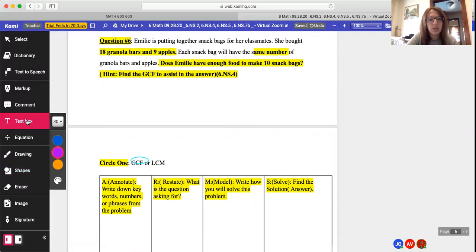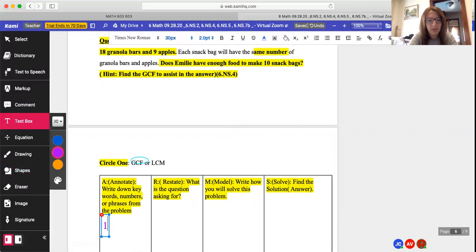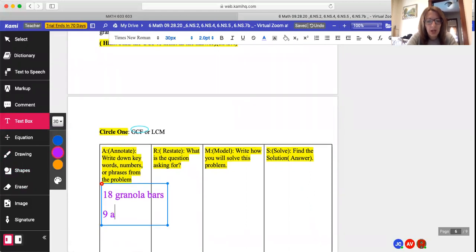So what is the important information here? Well, we are given 18 granola bars from the word problem. It's highlighted in yellow. 18 granola bars. We also are told that there are 9 apples.